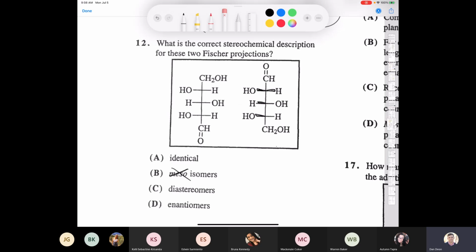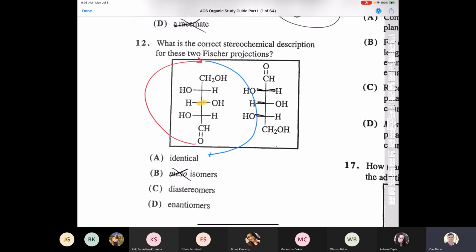What you would have to do is rotate it around a point. So you would choose a point in the middle of the molecule, and you would rotate this end up here, and you would rotate this end down here. You spin it around like a top. And then if I spin it around like a top, what I end up with is this. So this hydroxyl is this one up here.